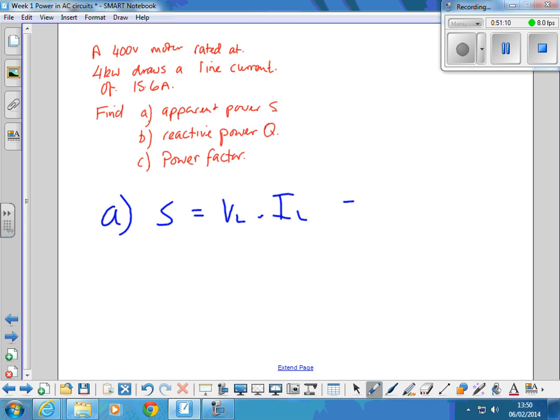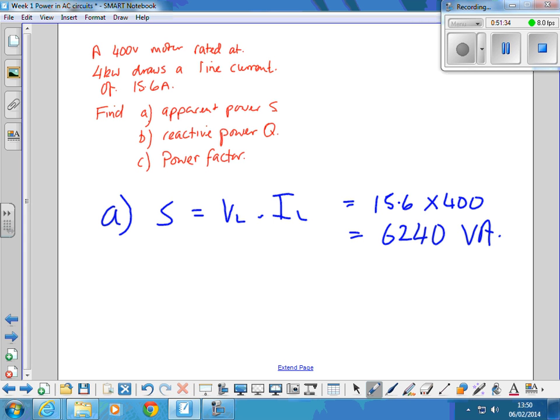So simply the 15.6 amps multiplied by the 400 volts. Someone will push some buttons for us, I suppose. 6240 volt amperes.